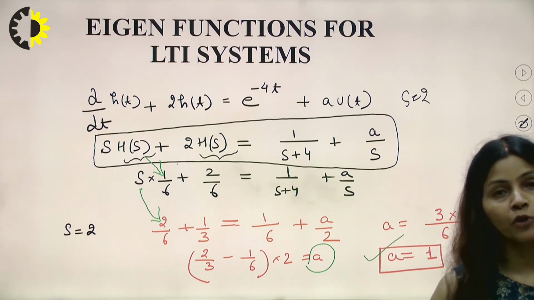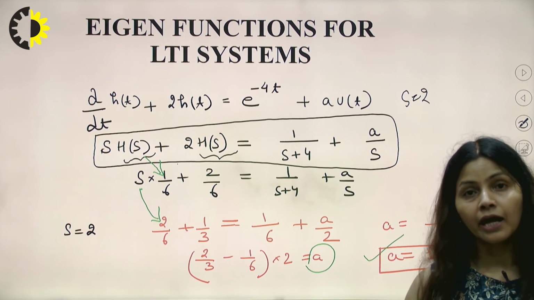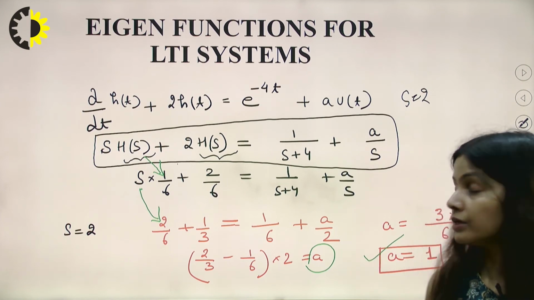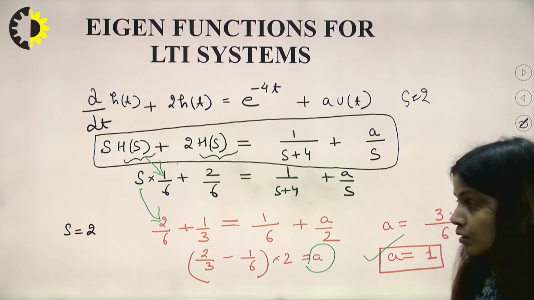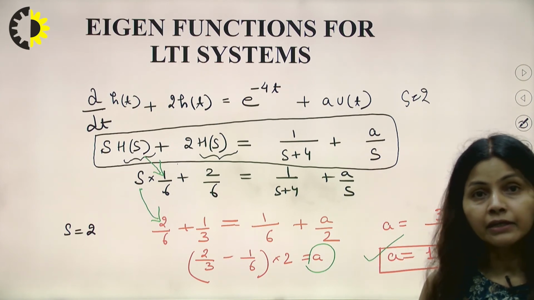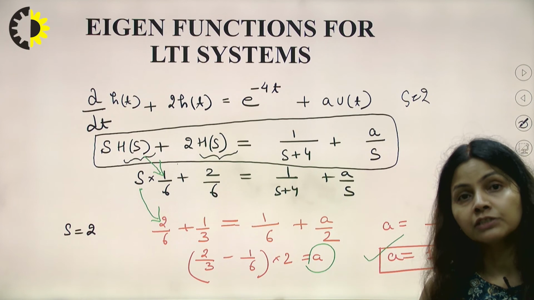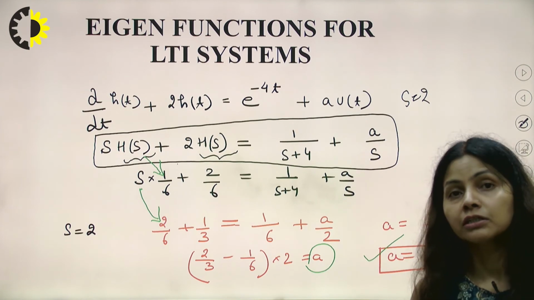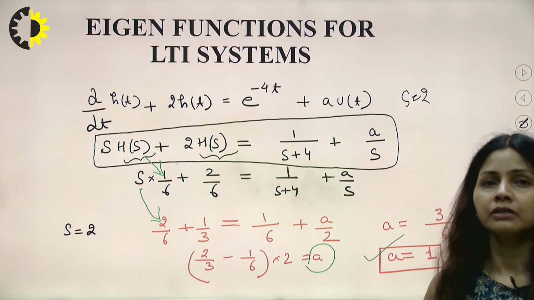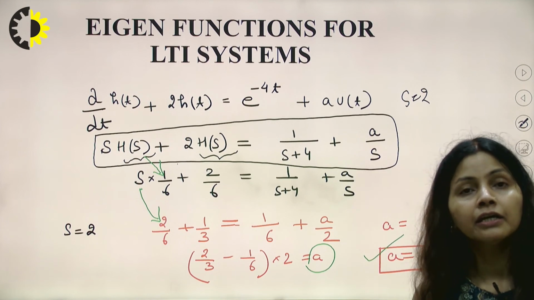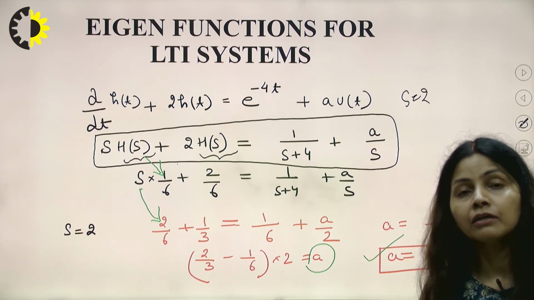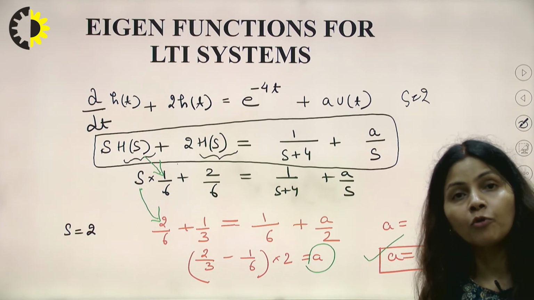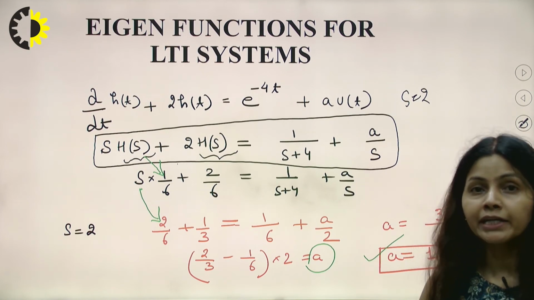So up to this point we have reached, and what properties are we using here? The concept of eigenvalue and eigenfunction. We could apply the properties for EV and EF because the output which has been given in the question is coming out to be in the form of some constant multiplied by input.